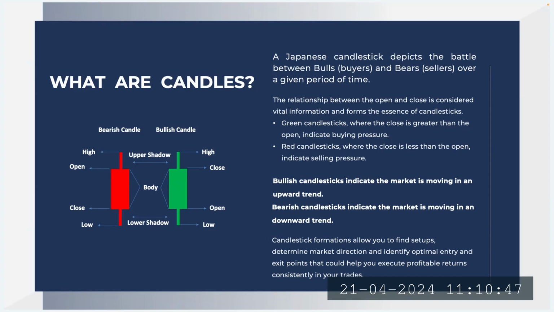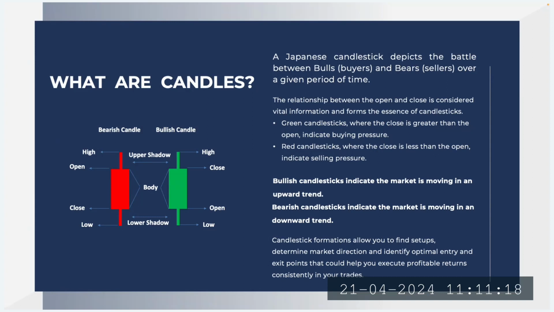And these candlesticks were first used by Japanese traders in commodities in the late 1800s. So this is not a new technique. This is probably more than 150 years old, but still relevant and is being used by almost everyone around the world who's doing trading in any kind of asset, be it equity, commodities, forex, or crypto.